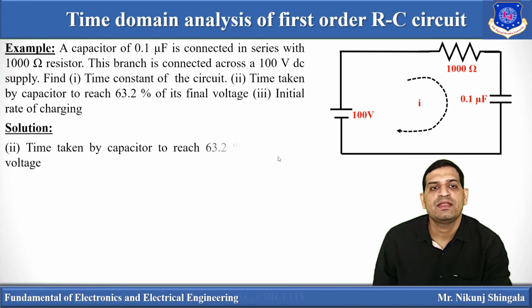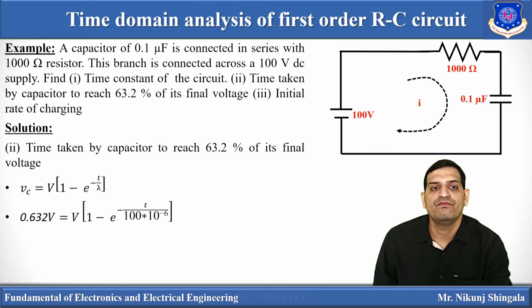Now next one, time taken by capacitor voltage to reach 63.2% of its maximum value. So we can write the equation of capacitor voltage Vc is equal to V in bracket 1 minus e raised to minus t by lambda. Now capacitor voltage Vc reaches 63.2% of its final voltage. So we can write 0.632 into V is equal to V in bracket 1 minus e to the power minus t divided by lambda, that is 100 into 10 raised to minus 6.